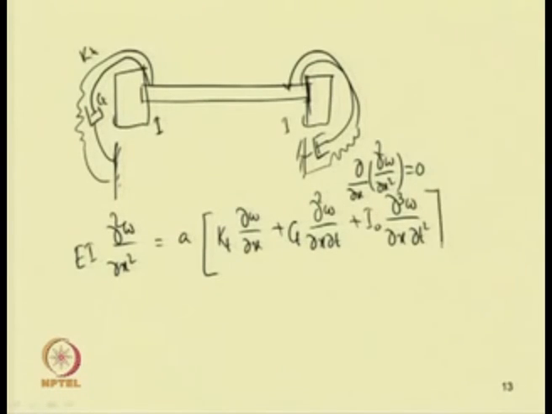It may be noted that this del W by del x is the slope, that is theta. So, one can have this equal to I0 into del square theta by del T square, that is the inertia due to this torsional mass, then this is due to damping and this is due to stiffness. Here A will be equal to -1 for left end and it will be equal to +1 for right end.